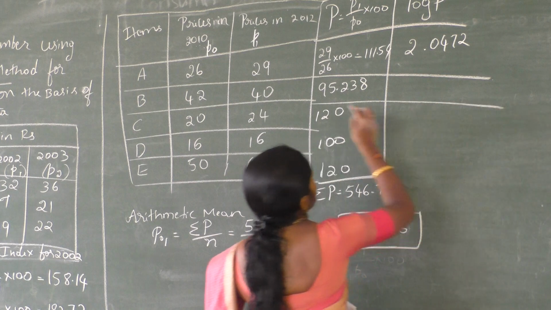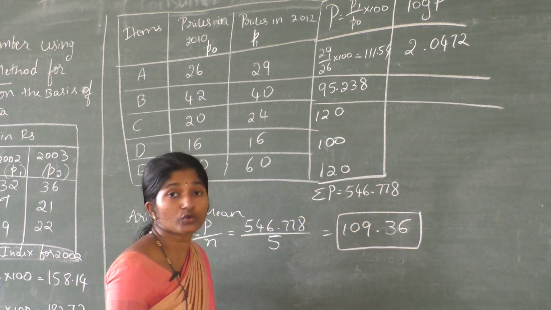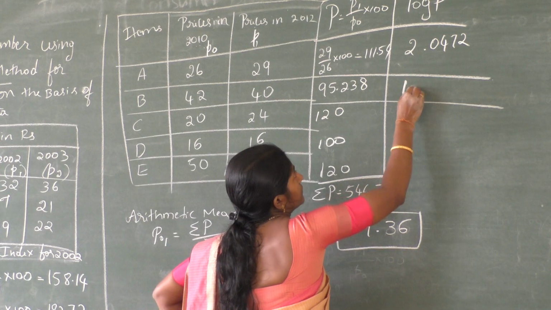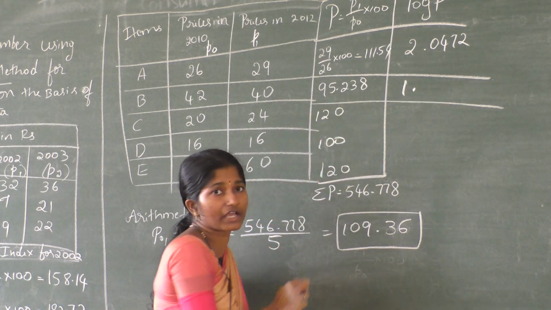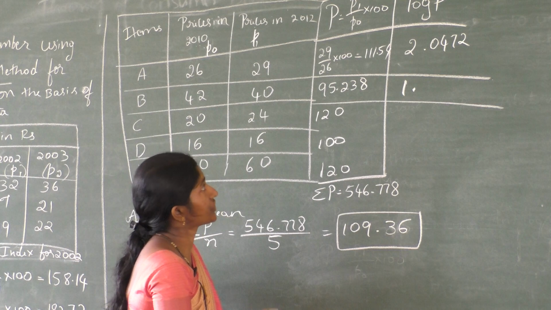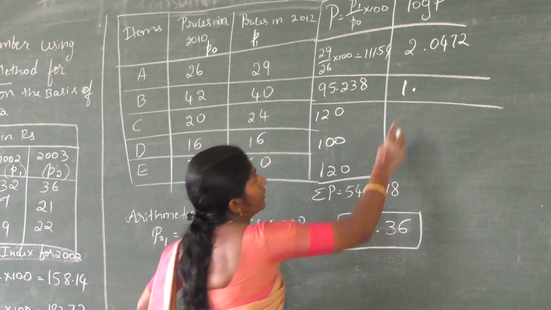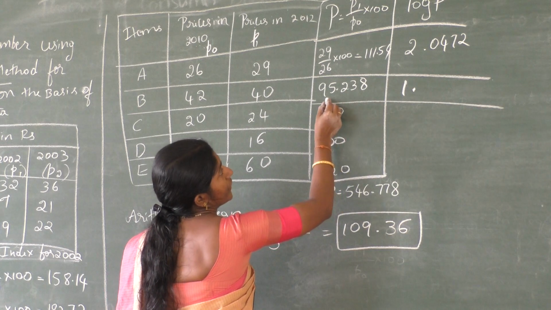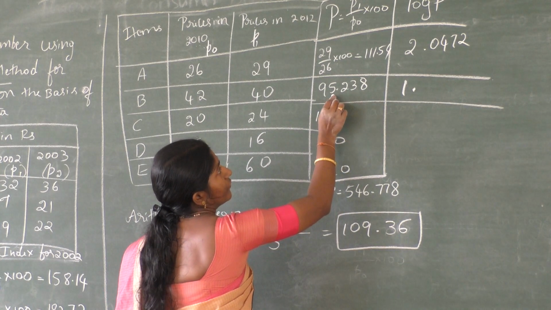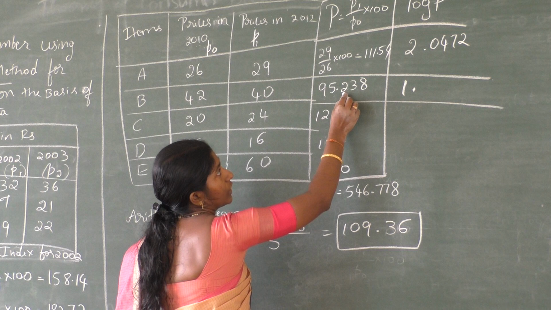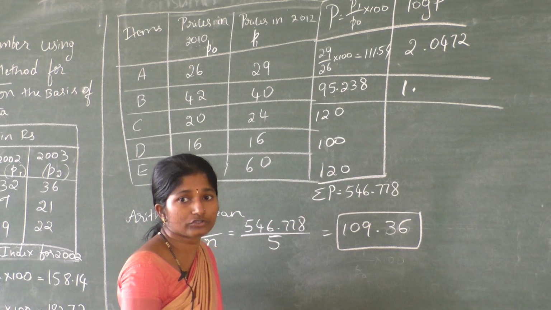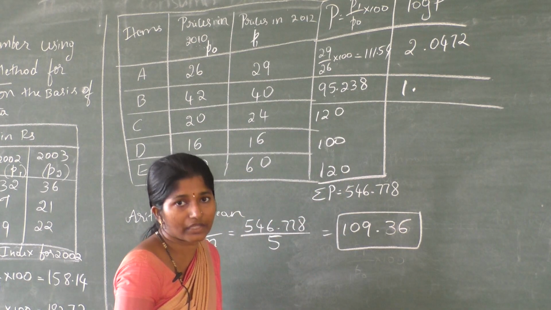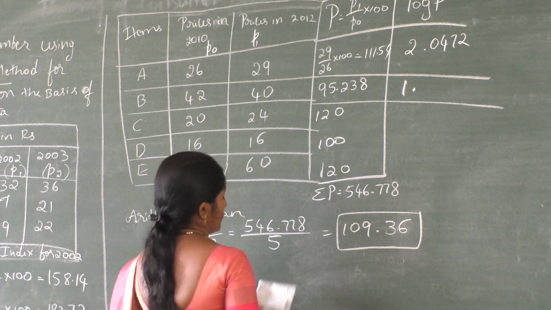Next 95.238. Here 95 has 2 digits, 2 minus 1, 1 point. To write the mantissa, we have to see the log table. 95, in that second column, where we have written 2, and next 38, so I am taking the value of 4.